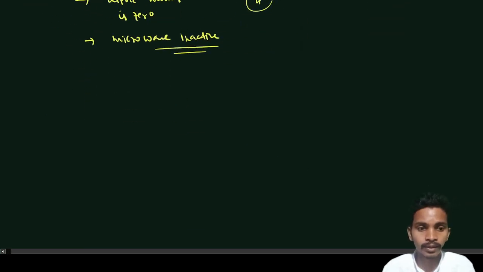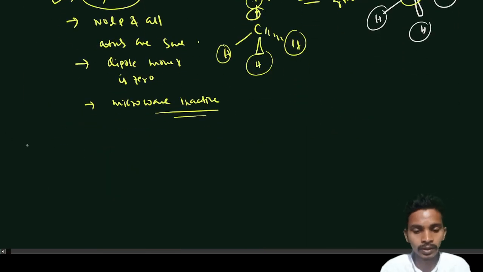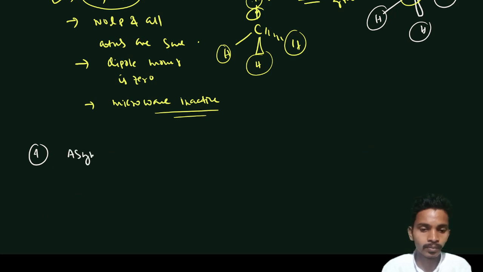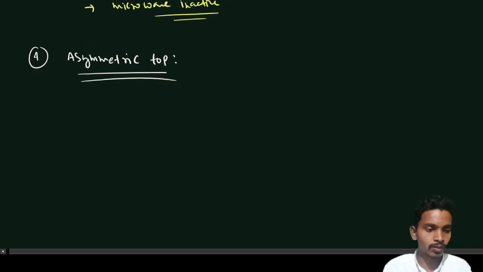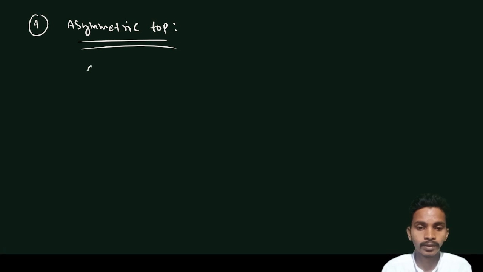And now the last type of molecules, that is asymmetric top. Asymmetric top molecules are like CnV or DnH molecules where n is less than or equal to 2.